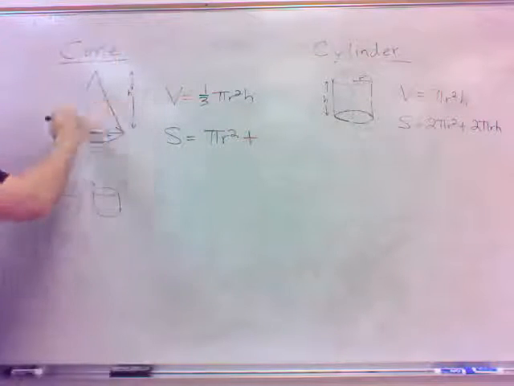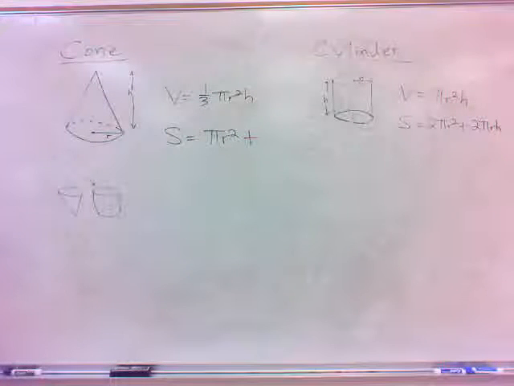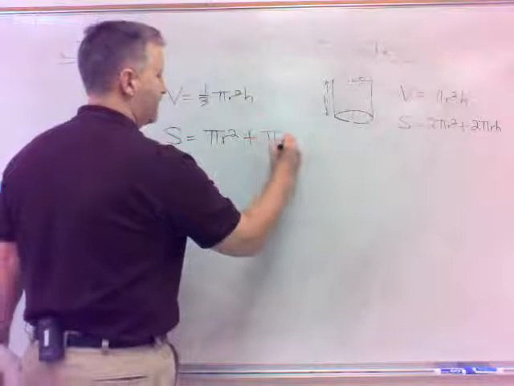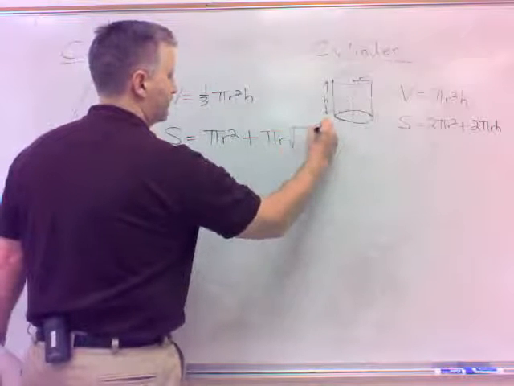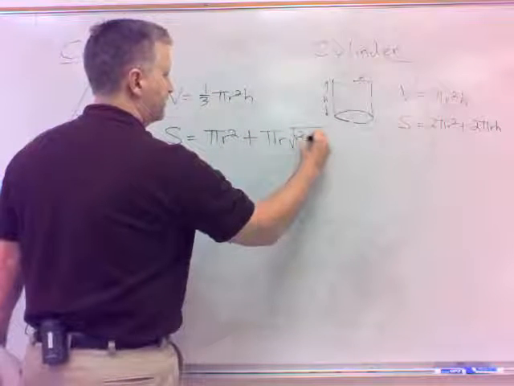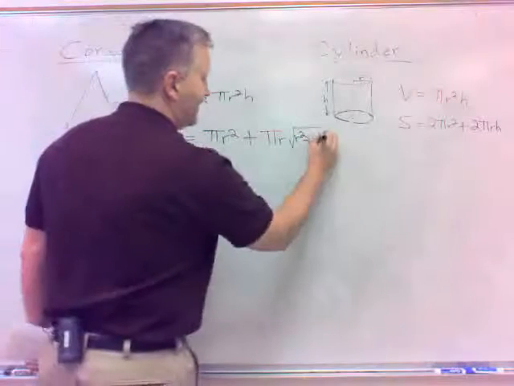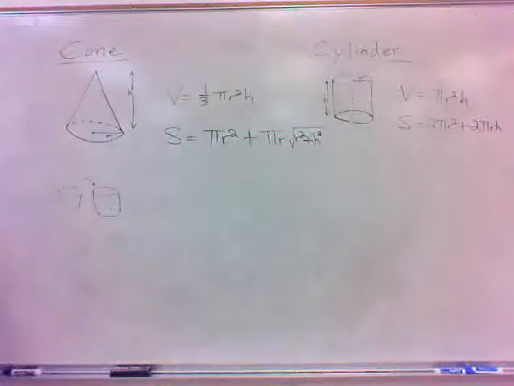Well, that leaves the rest of the cone, the top of the cone. You can lay it out flat and measure it and all that, but here's what it turns out to be. It's pi r times the square root of r squared plus h squared. That's a nice little one, isn't it? A nice looking little formula.